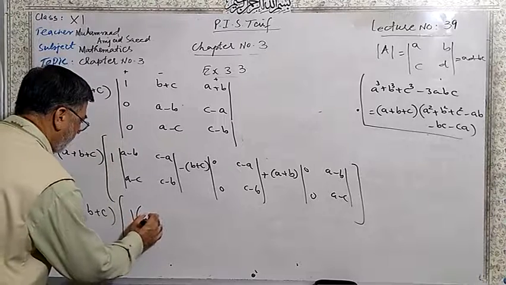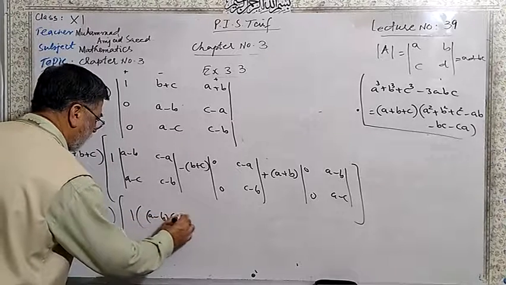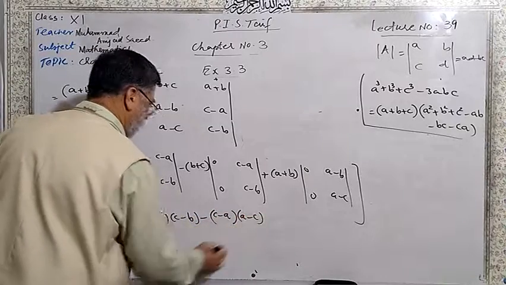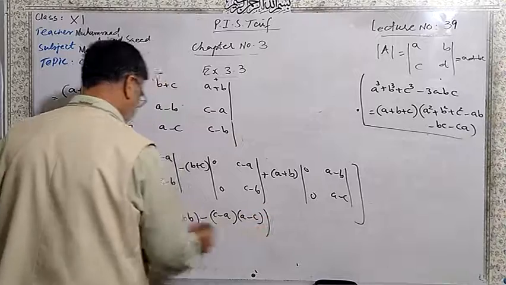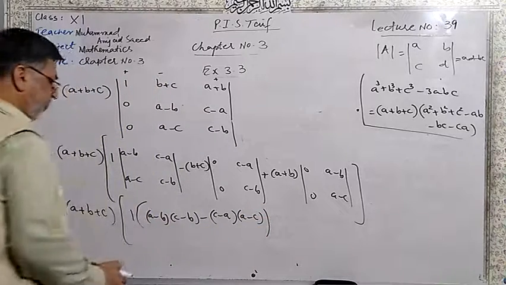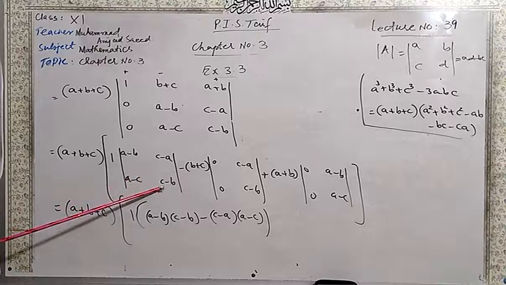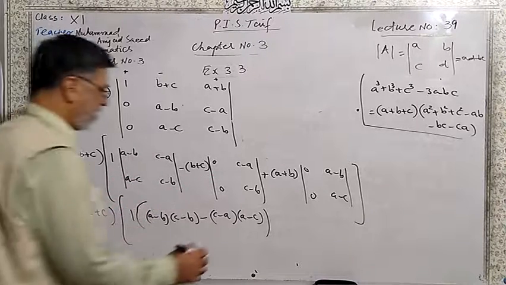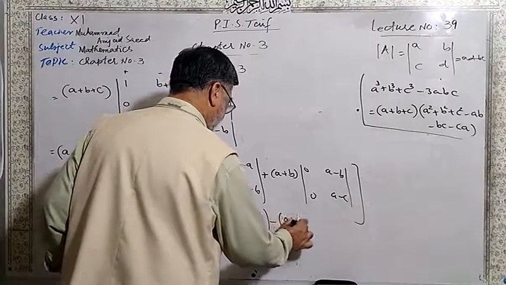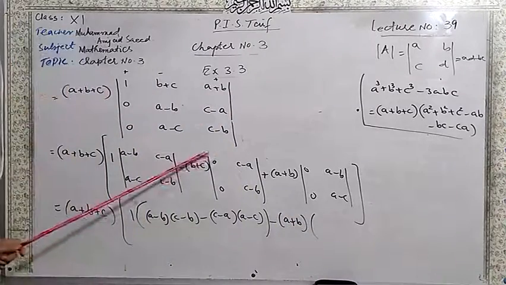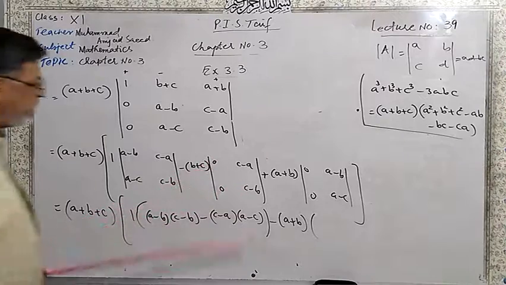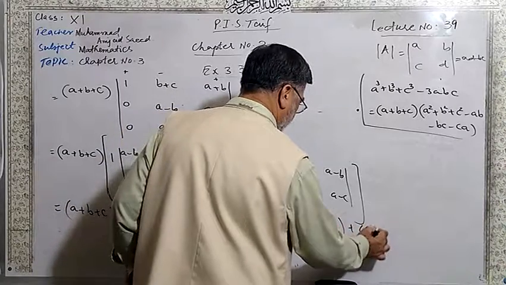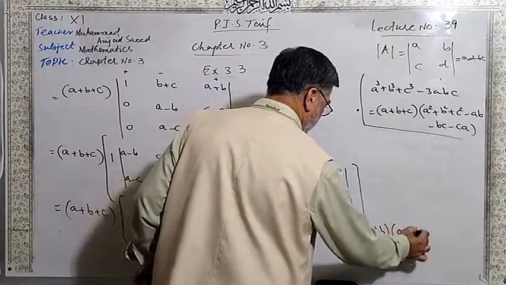AD means A minus B into C minus B, minus C minus A into A minus C. Here is minus B plus C into, check that AD, C minus B into 0 is 0, minus 0, plus A plus B into 0 minus 0.